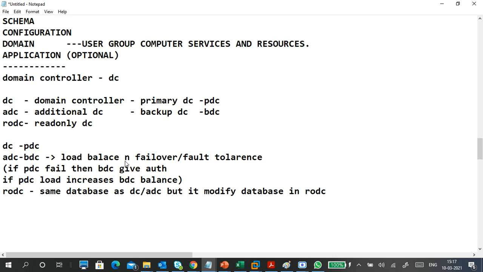Only the same database it will maintain, but we can't modify the data, and it provides authentication and authorization. So understand this is the DC part.